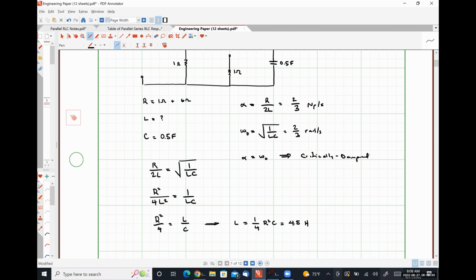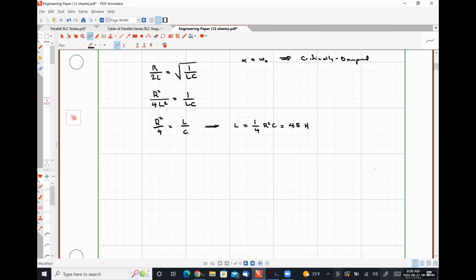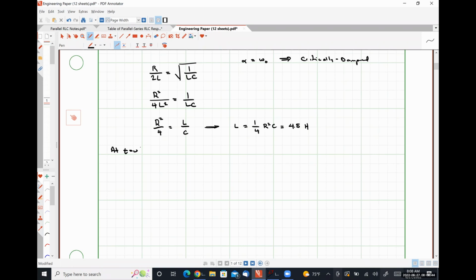All right, so now that we've determined the shape of the response, we will analyze the circuit at t equals 0 minus. At t equals 0 minus, our circuit is at DC steady state, which means we are going to replace our inductor with a short circuit and our capacitor with an open circuit.